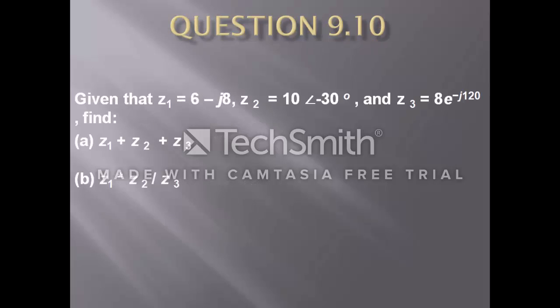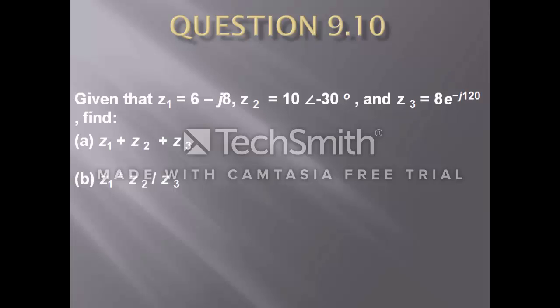Moving on to the next question, question 9.10. It's given Z1 equals 6 + 8J, Z2 is 10 with a phase angle of minus 30 degrees, and Z3 is equal to 8 e to the power minus J120. We have to find the A part, Z1 plus Z2 plus Z3, and the B part, Z1 times Z2 divided by Z3.